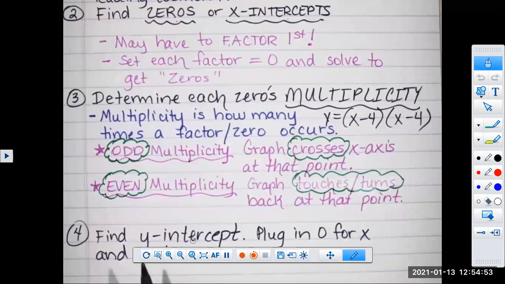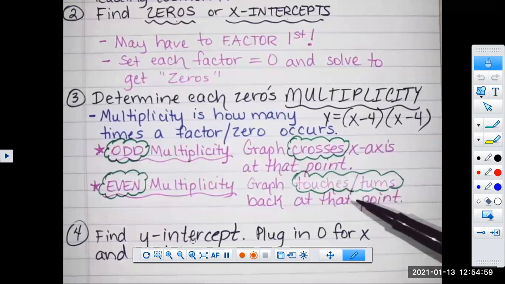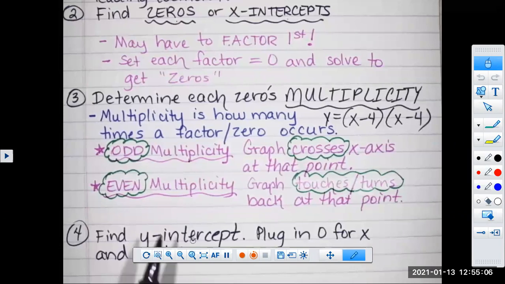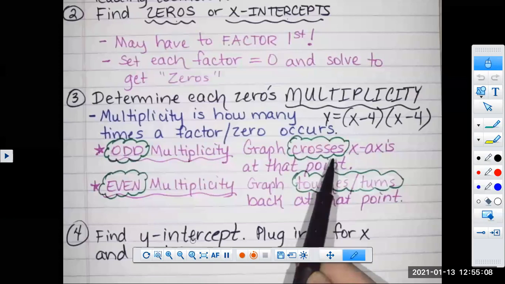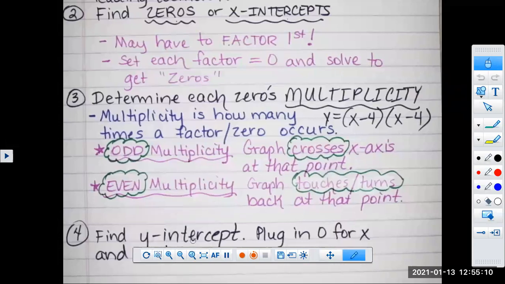If you have an even multiplicity, your graph is going to touch the x-axis at that point, but it's going to turn back from where it came. So it's not crossing over. Odd multiplicity, it will cross the x-axis. Even multiplicity, it will touch it and turn back.